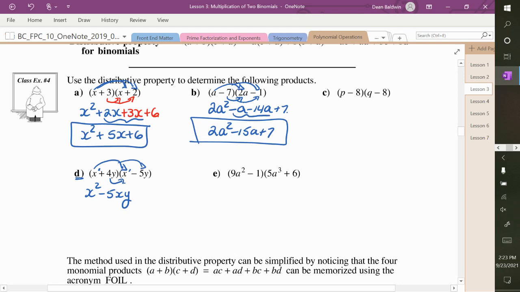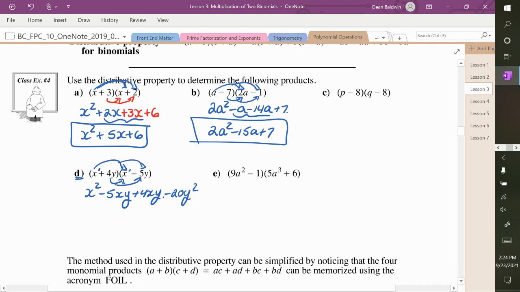Then the 4y gets multiplied in to give you 4xy. And then what's the last expression term going to be? 4 times negative 5y. 4y times negative 5y is negative 20y squared, because 4 times negative 5 is negative 20.